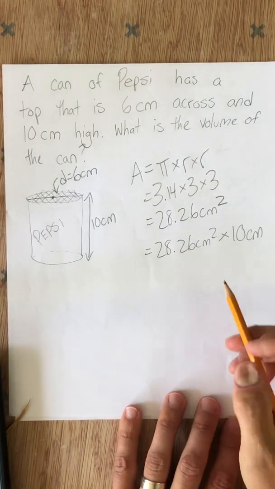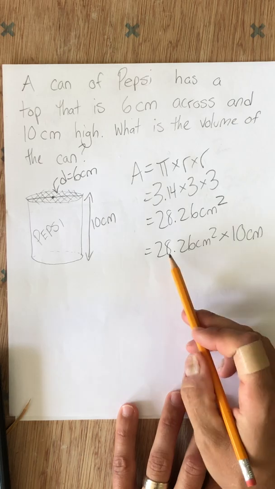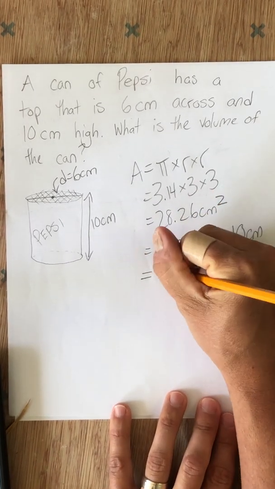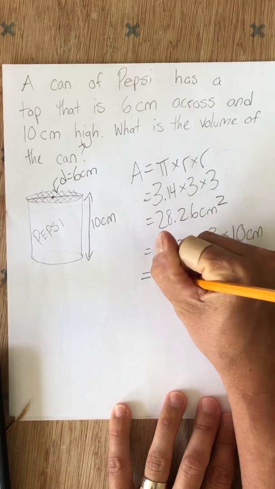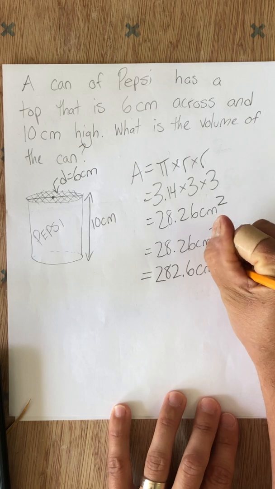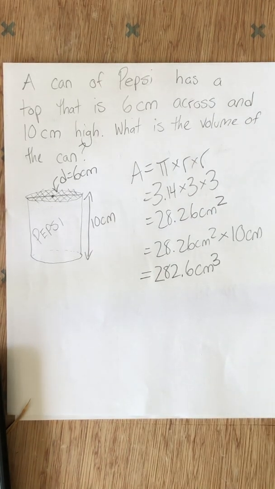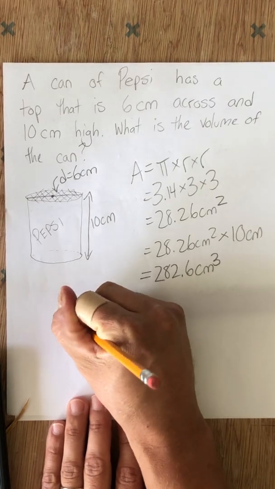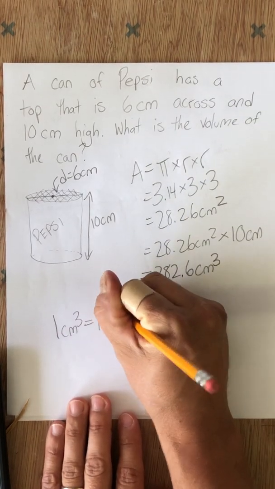This is something I can do in my head because when I multiply by 10, I'm just moving the decimal place over 1. So what I end up with for my volume is 282.6 centimeters cubed. From last day, remember, 1 centimeter cubed is 1 milliliter.